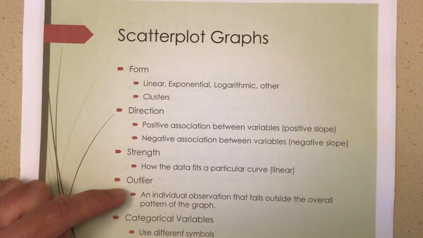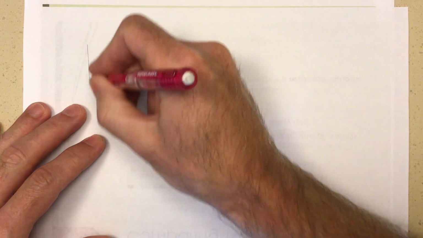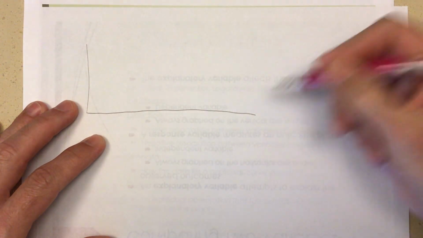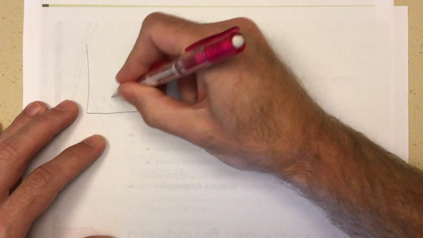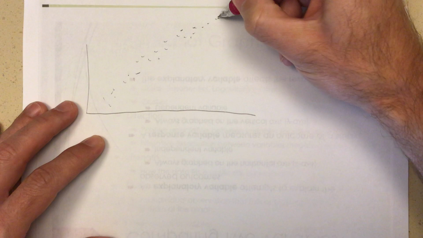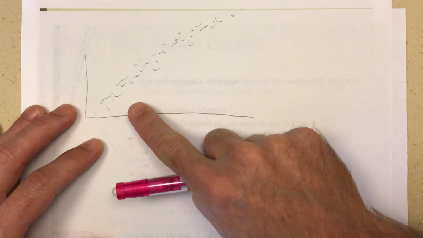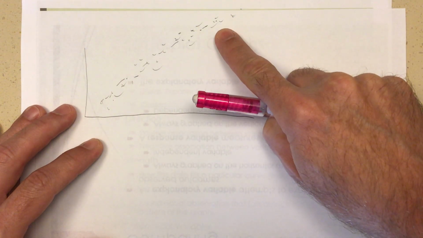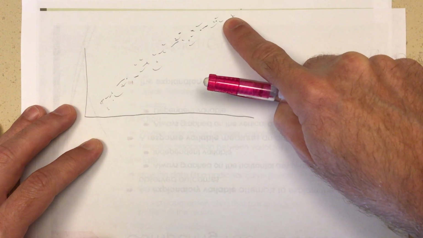So let me show you real quick. So let's say I have a scatter plot. Okay, it looks like this. So I have a clear positive association with my points. I have a linear form.